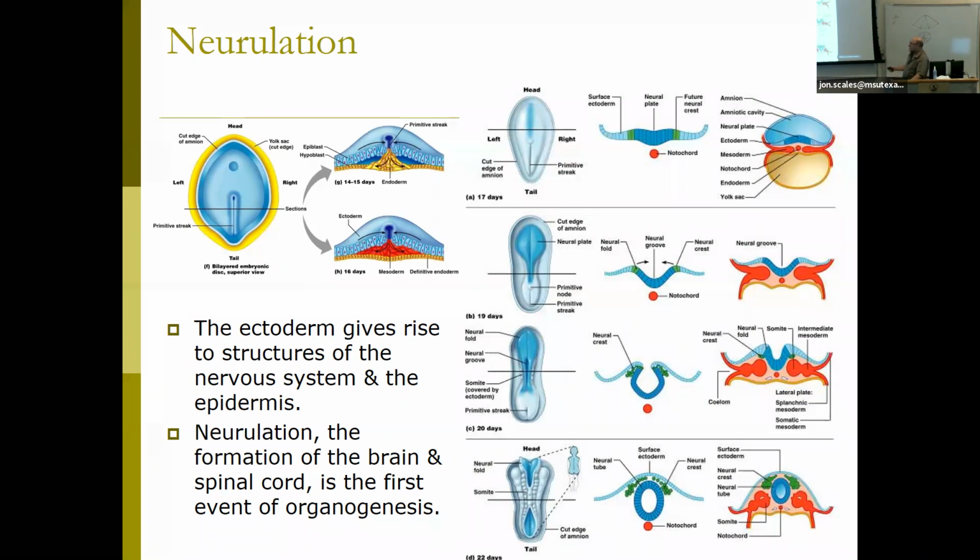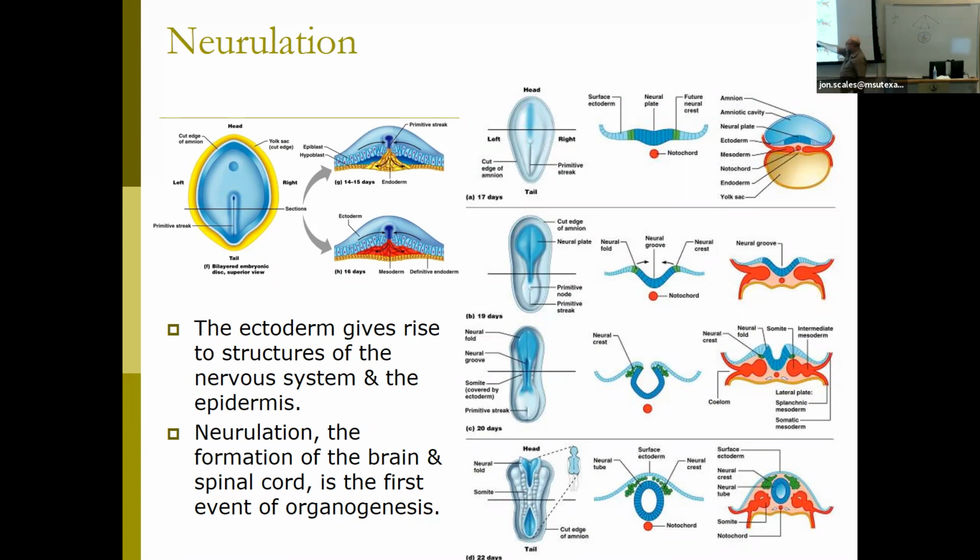Okay? Now everything is still growing. So the embryo has gotten longer at this point. And this neural groove starts to form and it keeps on going until basically the edges pop back to the middle and touch. And now what do you have?